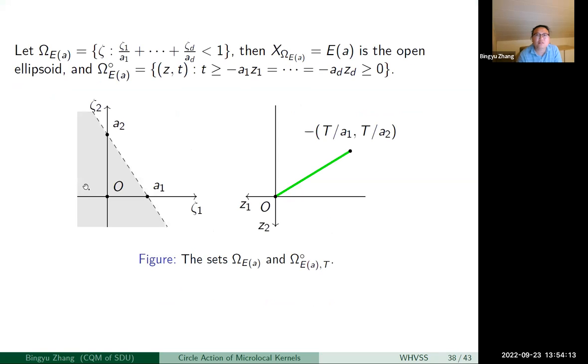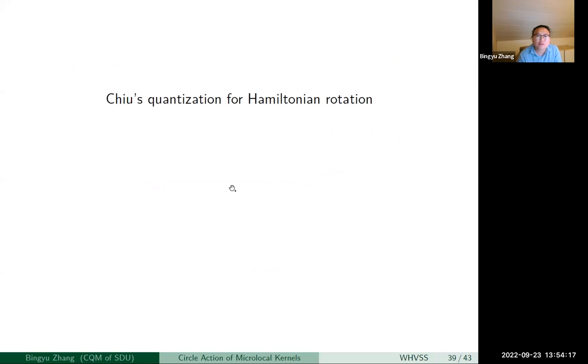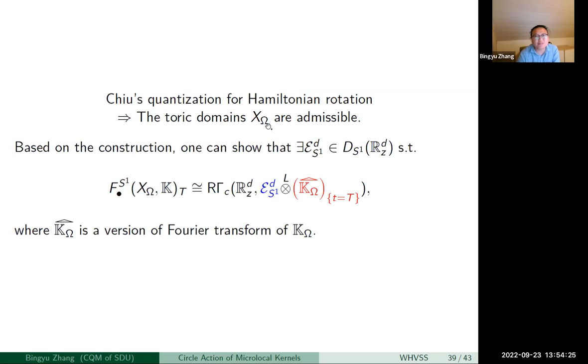And we have a very concrete formula for the Hamiltonian rotation, and that's how we prove toric domains are admissible. And then using this construction, we can compute it in some very explicit form.